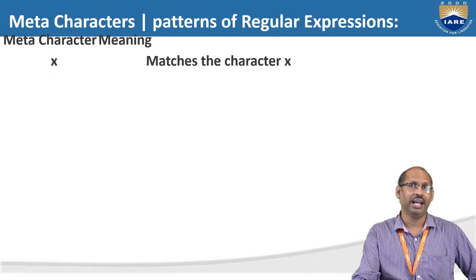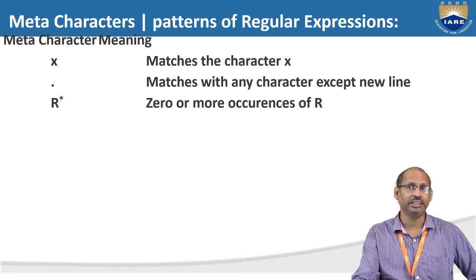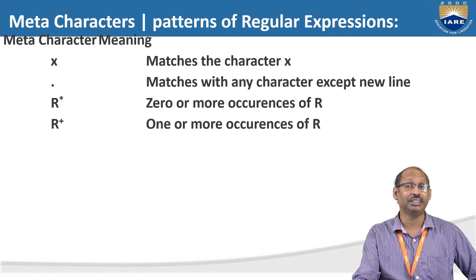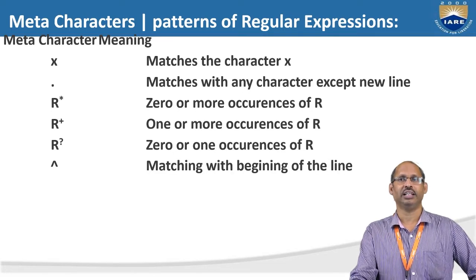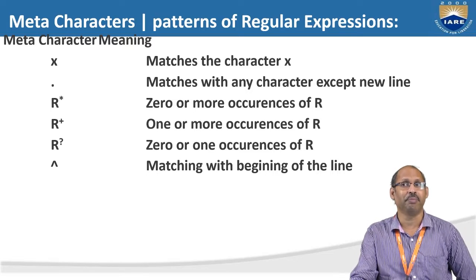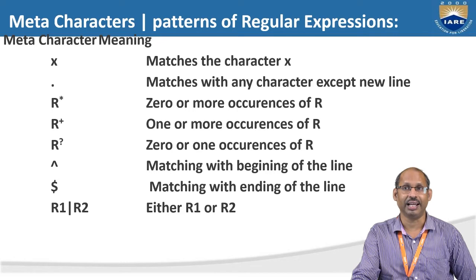Right? X matches the character X. Dot matches any character except newline. R star is 0 or more occurrences of R. R plus is 1 or more occurrences of R. Question mark is 0 or 1 occurrences of R. Caret matches the beginning of the line. Dollar matches the ending of the line.